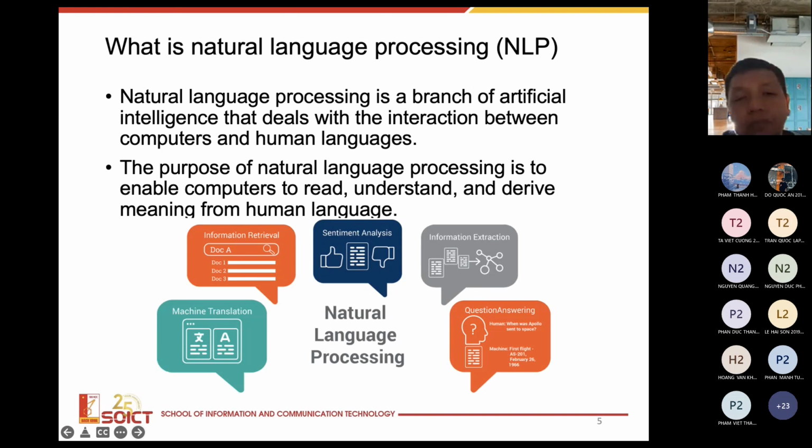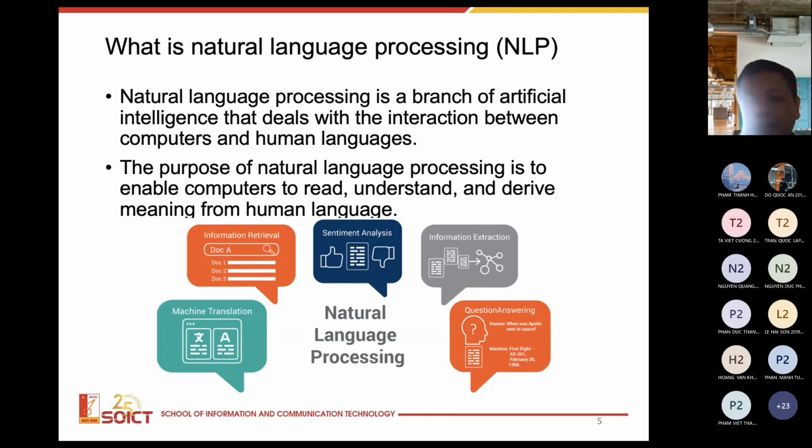What is natural language processing? Natural language processing is a branch of artificial intelligence that deals with the interaction between computer and human language. So the thing you should be clear about is that natural language processing is a branch of AI. When we discuss artificial intelligence, we might discuss NLP, we might discuss computer vision, and other things.